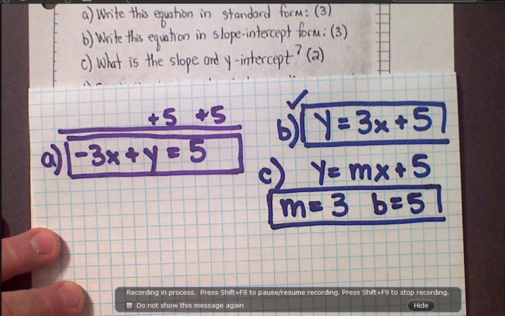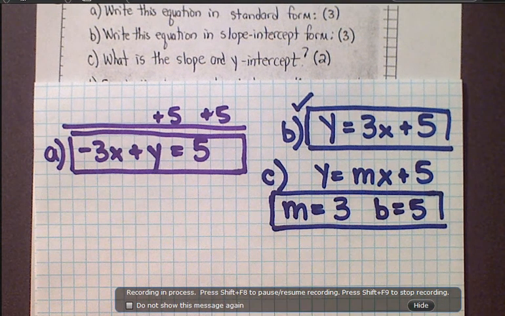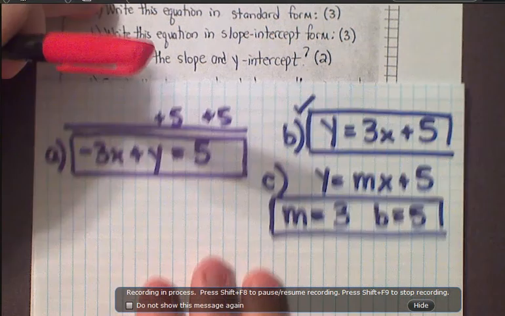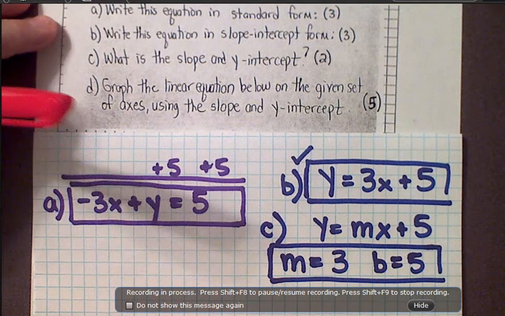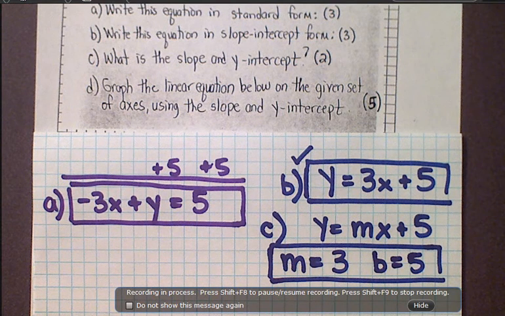Moving on to D. What D wanted us to do was graph the linear equation below on the given axis using the slope and y-intercept.